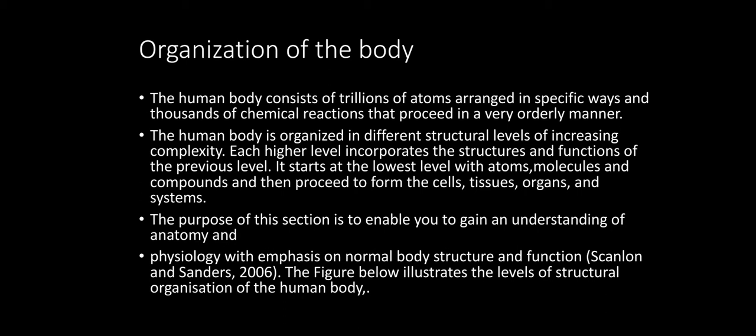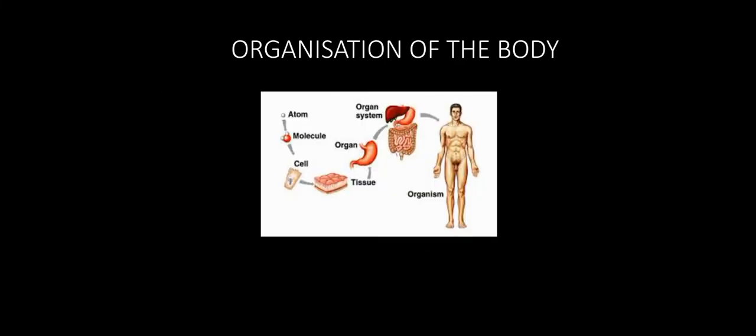It starts at the lowest level with atoms, molecules, and compounds, and then proceeds to form cells, tissues, organs, and systems. So the purpose of this section is to enable us to gain an understanding of anatomy and physiology with emphasis on normal body structure and function. So this is the organization of the body.